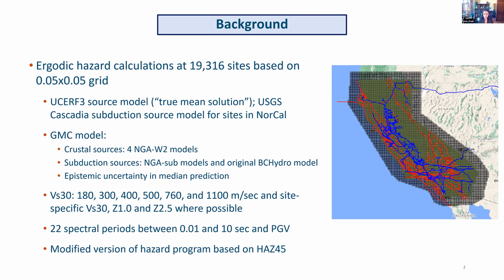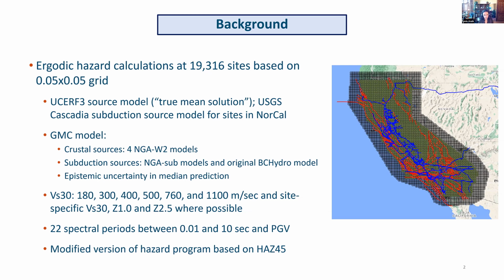In this study, we have used the UCERF3 source model. We are using what's referred to as the true mean solution, which is the solution that allows one to calculate the mean hazard. For sites in Northern California, we're also including the Cascadia subduction source model based on the USGS model.